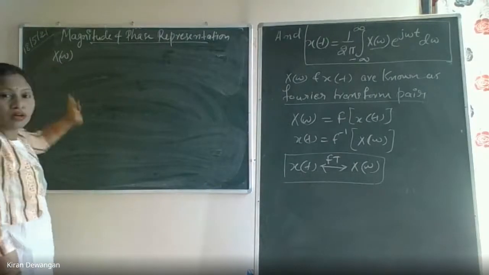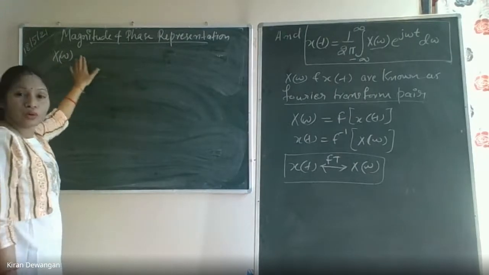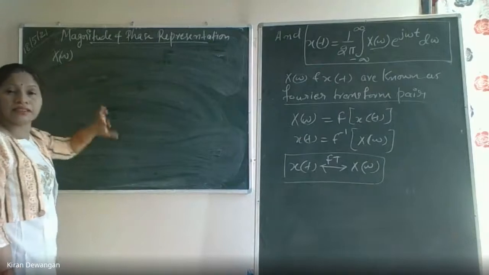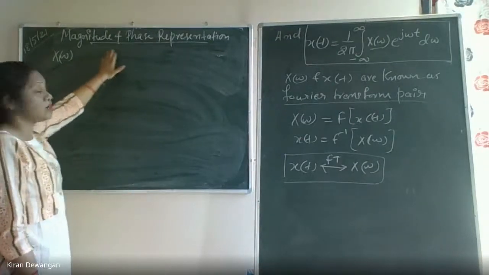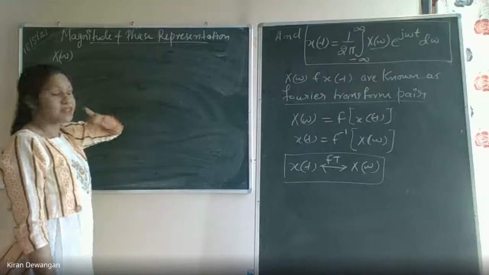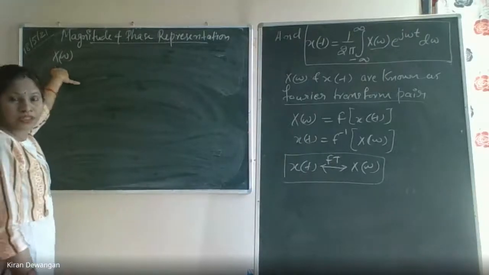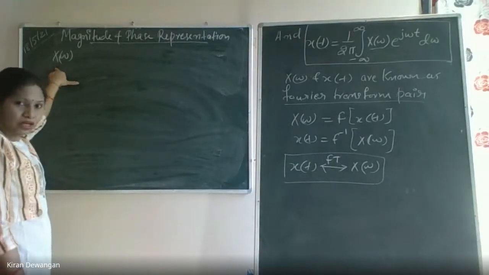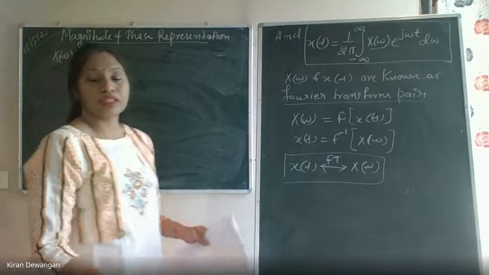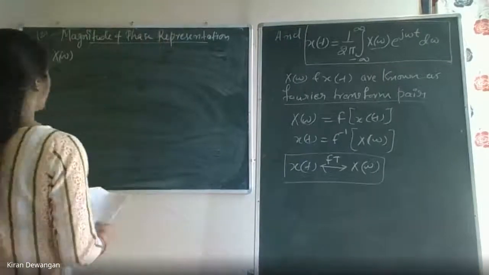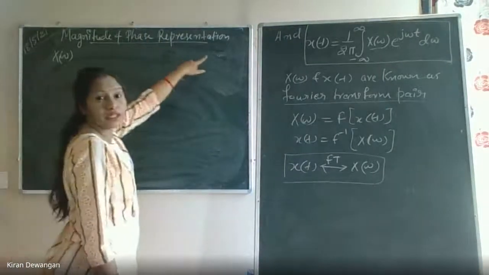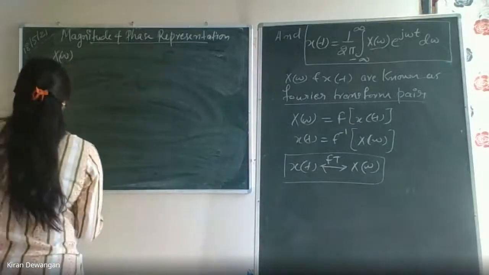We will not be working on xt because xt is a time domain function, and we cannot obtain the magnitude and phase in the time domain because that is always in the frequency domain, versus omega. It will always be versus omega. So that is required. So magnitude and phase representation of Fourier transform x omega.